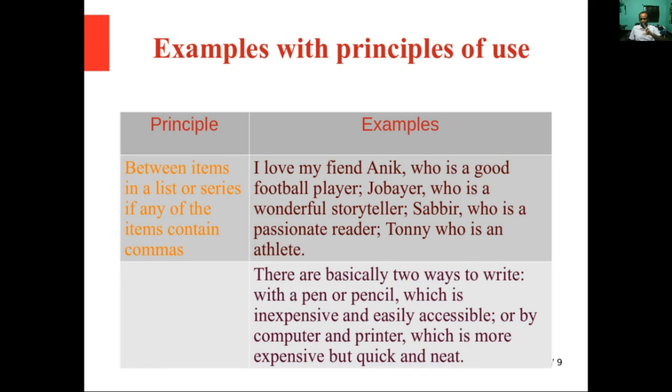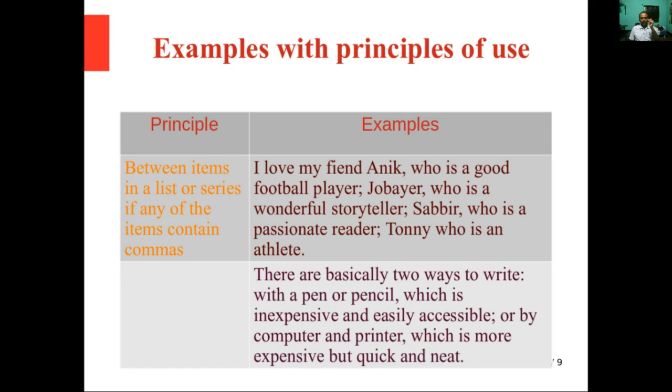So there has to be a series or a list, and you know every list or series has some items in it. So if we have to write a list or a series, and if the items are separated with commas, then we use semicolon between the items.